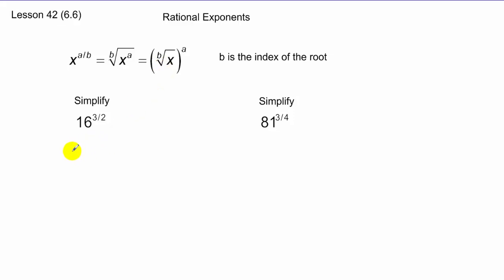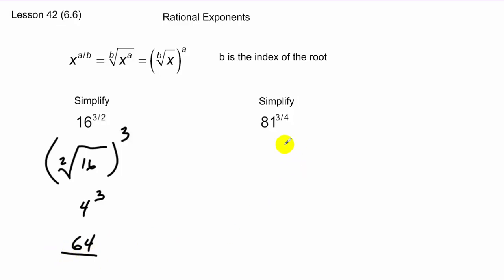So what I'll do is I'll say, well, that's the same as the square root of 16, and typically I'm not going to write that square anymore, all to the third power. Square root of 16 is 4 to the third, which is 64, and that's my answer.